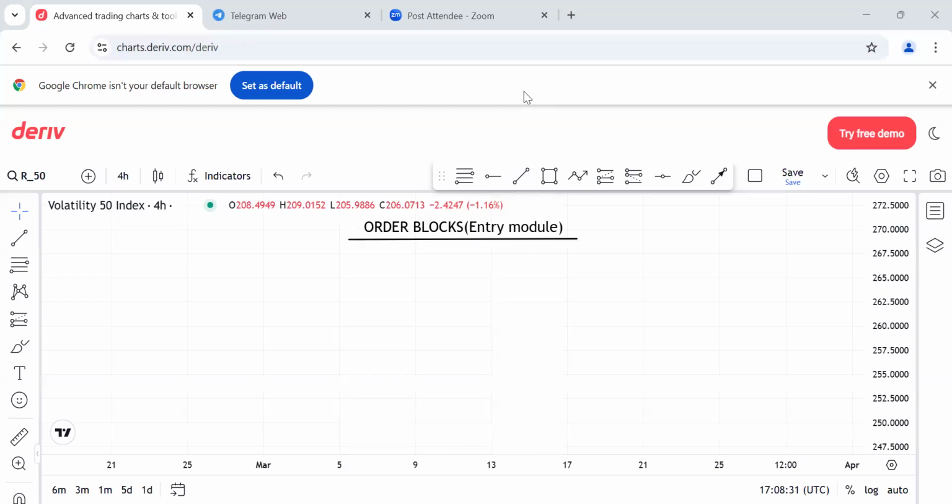So in a bullish market structure, we should be looking out for bullish order blocks, either the drop based rally or the rally based rally. And in a bearish market structure, we should be looking out for either of the bearish order block patterns, the rally based drop and the drop based drop.